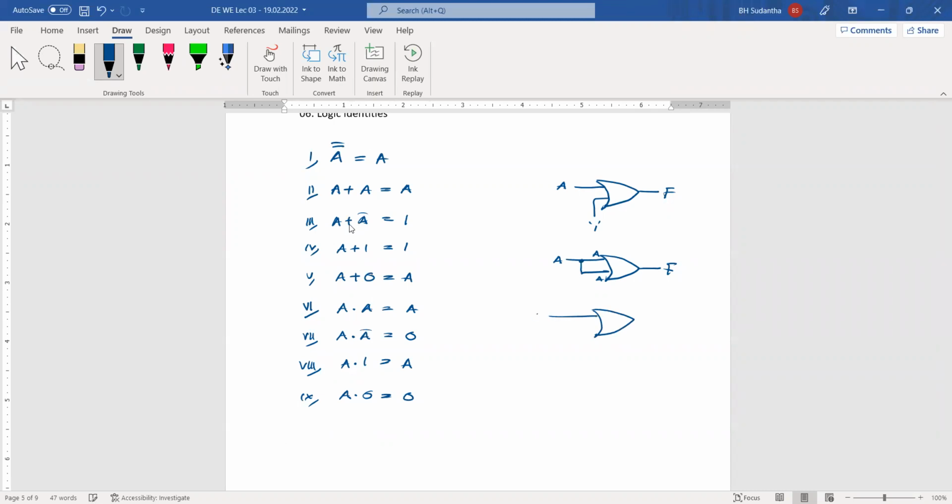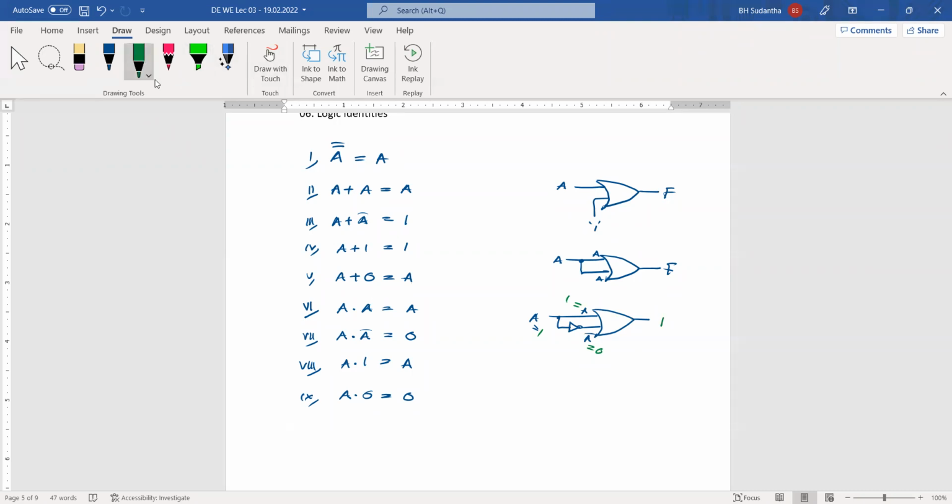Actually, here, this one, and you have given A here. Then after that, this one is A, this is A bar. Then assume that this A is 0 at the moment. If A is 0, what is this? Then this is 1. Sorry, A is 1. A is 1 and this A bar is 0. Then because here we have 1, output is 1.